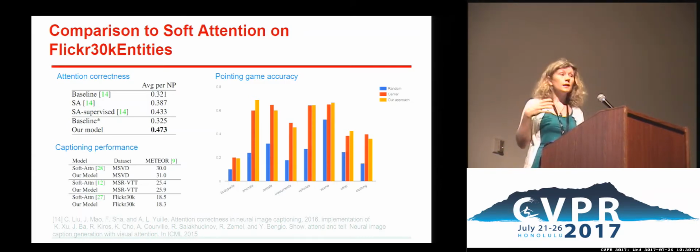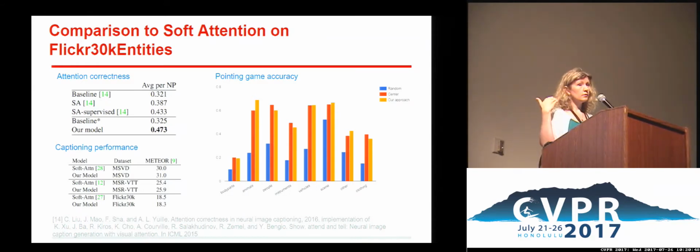So our model is doing better than the approach of adding an explicit attention layer to the model and having that layer learn which locations go with which words. We also evaluated captioning performance, and this model does as well as others on captioning, so it's not affecting the quality of captions.